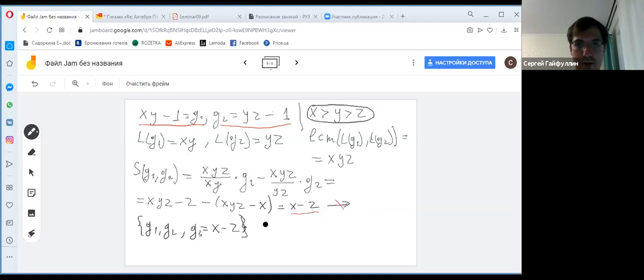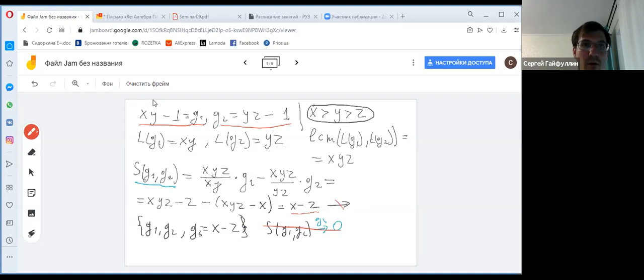Which S polynomials? S of G1 and G2 I should not consider because I have considered it here. And now I have x minus 0, and it can be reduced to 0, of course, by this polynomial G3. So if I have considered it, I shouldn't do it one more time.